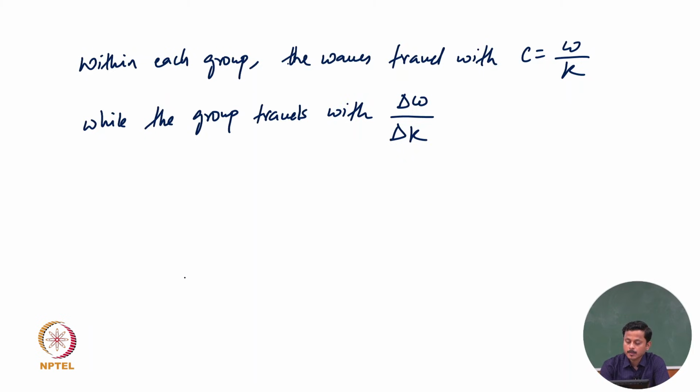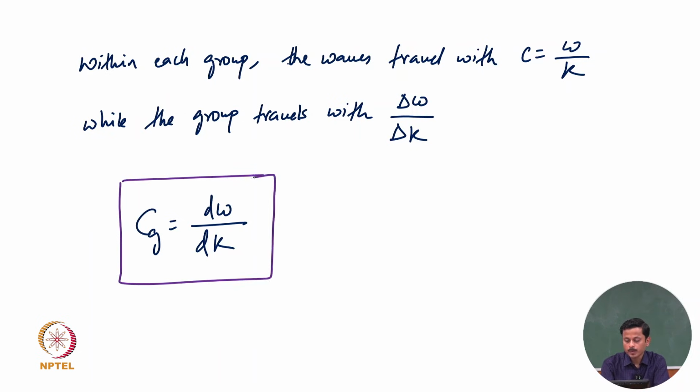For infinitesimal separation between the frequencies and the wave numbers, we can define a certain quantity d omega by dk. Given that energy propagation is a property of a set of waves, a group of waves bundled together, we can define this quantity of interest, called the group velocity.